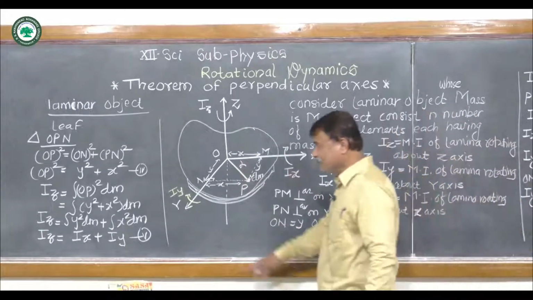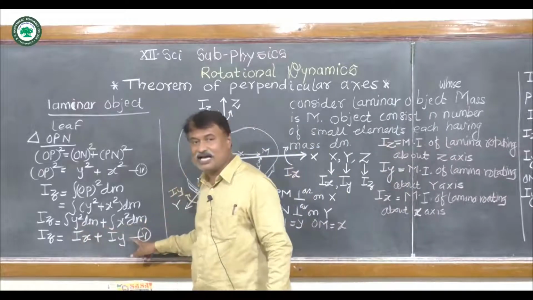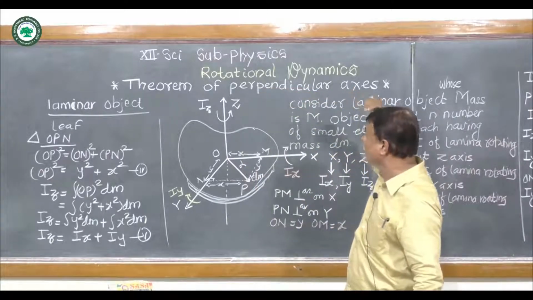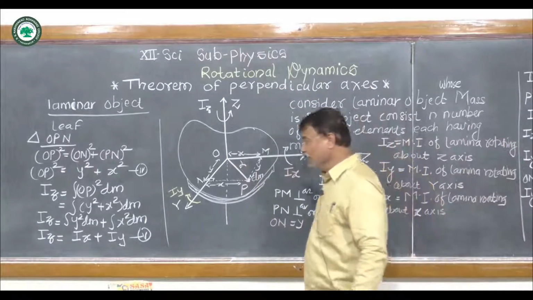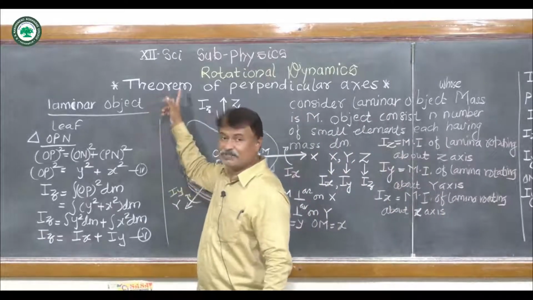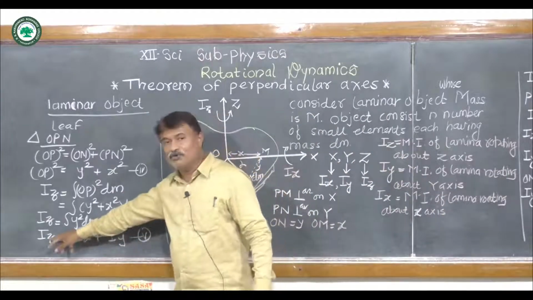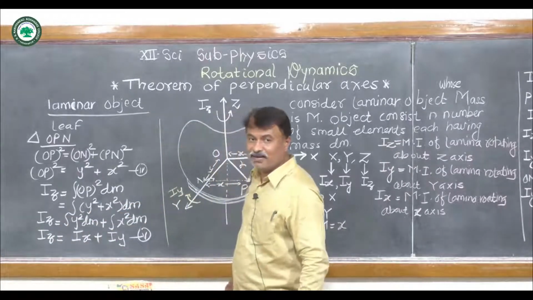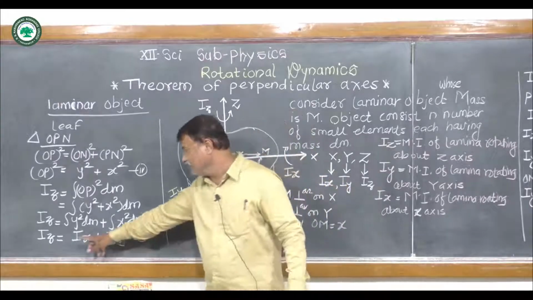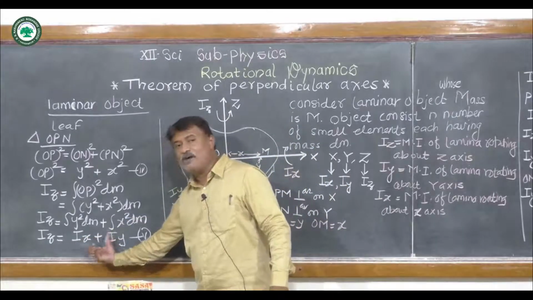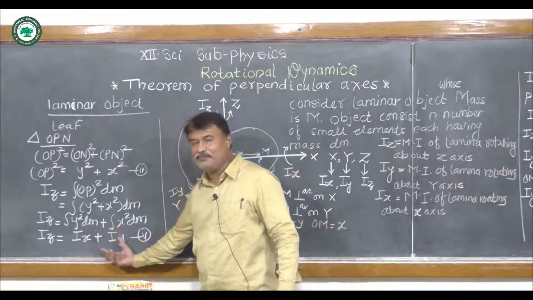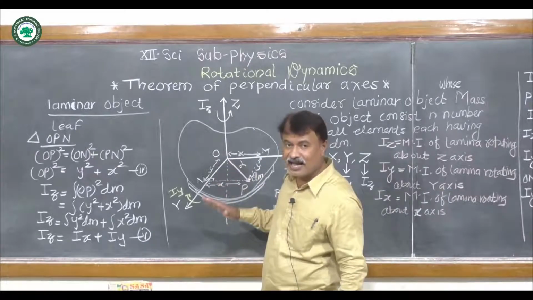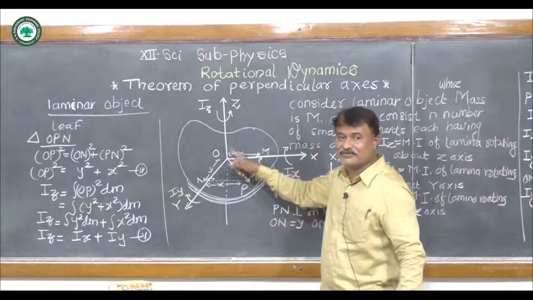So only remember this equation: Iz is equal to Ix plus Iy, and with the help of this we can write the statement of the theorem of perpendicular axis. The moment of inertia of a plane lamina rotating about a perpendicular axis is equal to the sum of the moments of inertia of a plane lamina rotating about two mutually perpendicular axes in its plane, and all these three axes are concurrent with each other.